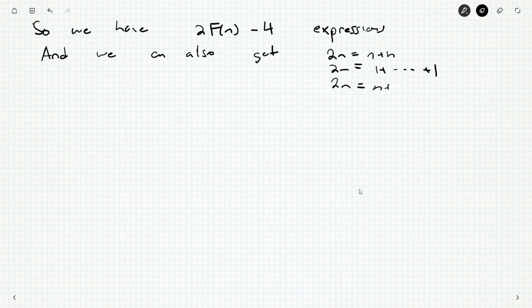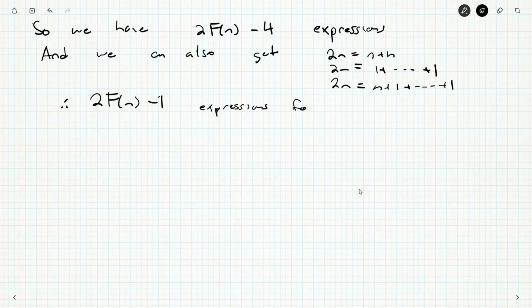And finally this one right here. Okay, so therefore we have 2fn minus 1. So we just added 3 expressions for 2n. Alright, so that's fine.